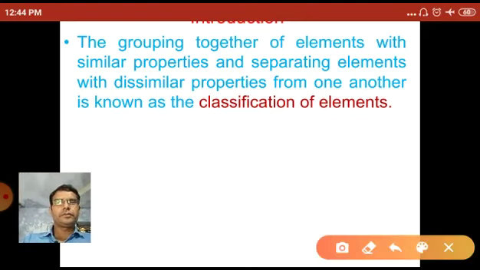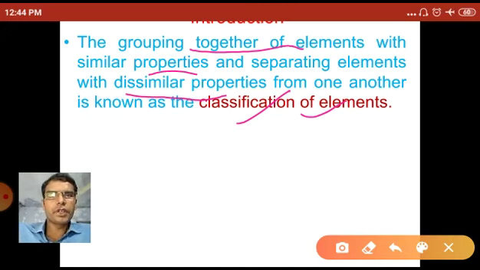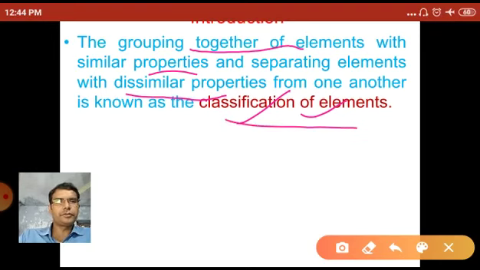The grouping together of elements with their similar properties and separating the elements with dissimilar properties from one another is known as the classification of elements.